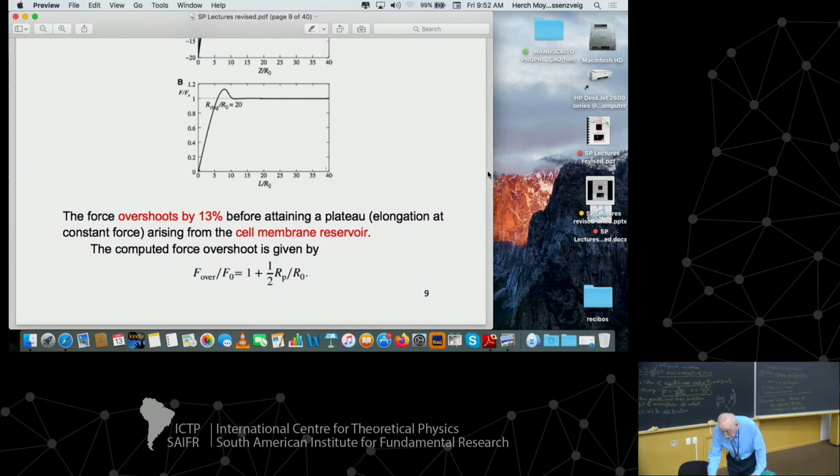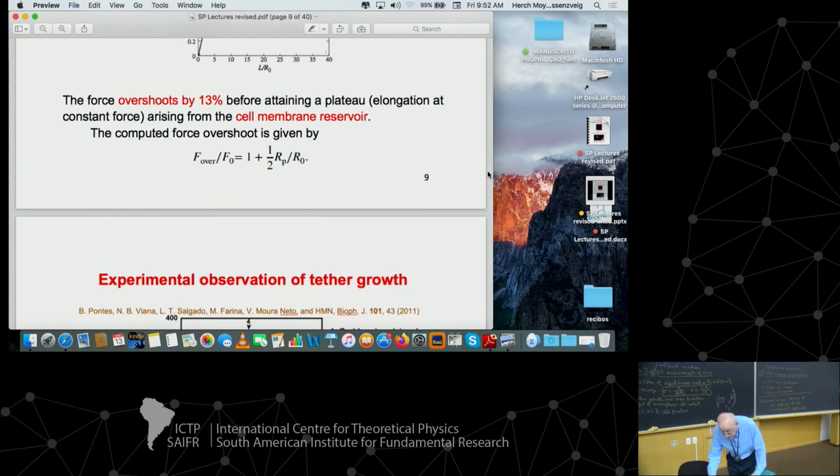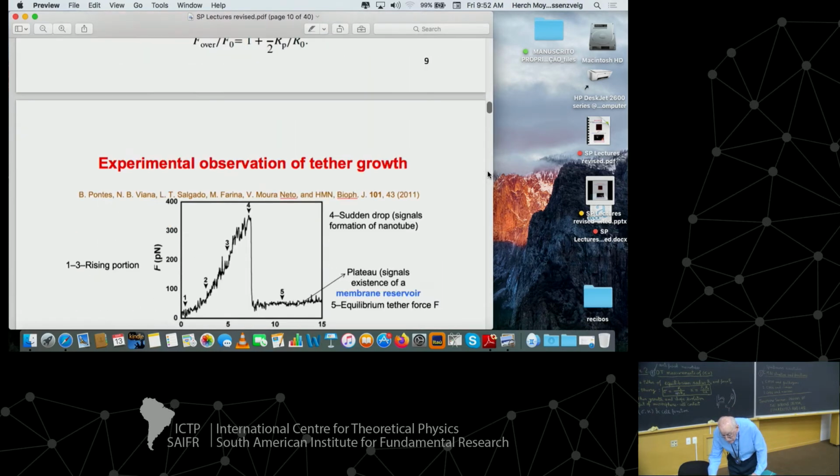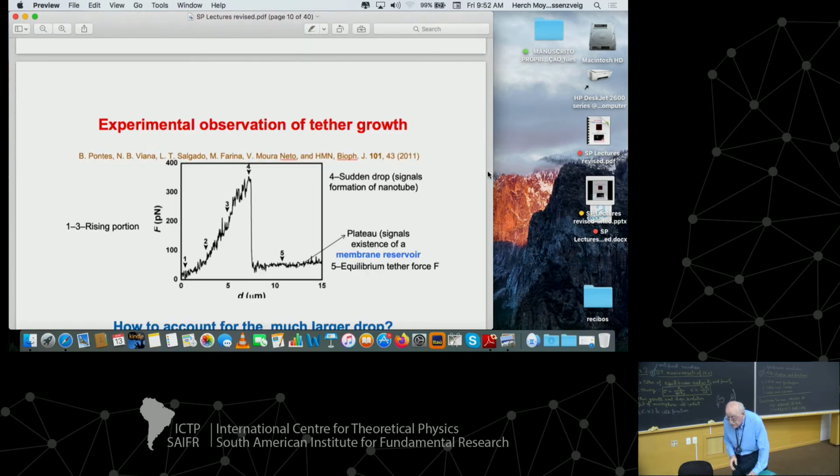Now, the next thing is you measure this and find the results by experiment. Here are results from an experiment that we did at our optical tweezers lab. This is the reference.